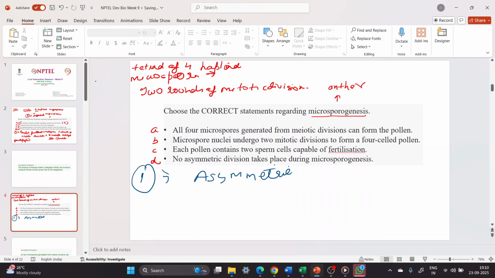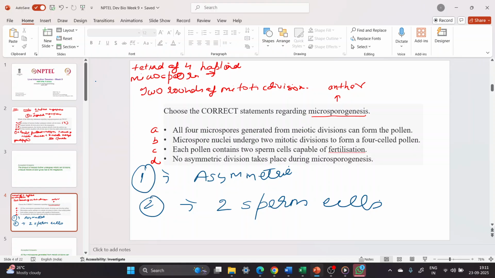The second round of mitotic division produces two sperm cells. I hope this is clear. So basically, mature pollen has one vegetative nucleus plus two sperm nuclei, so there are a total of three cells.